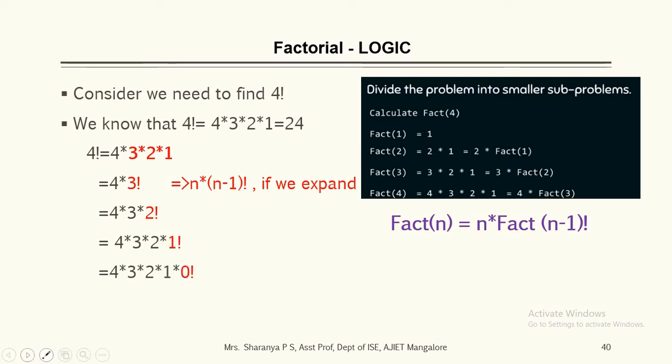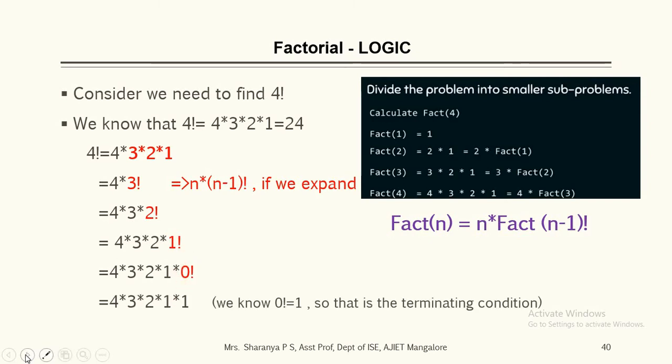By referring like this, finally we are referring to 0 factorial. So finally we can conclude that this 4 factorial can be calculated by referring to the previous factorials that have been calculated, so that we will get the final result of 4 factorial.